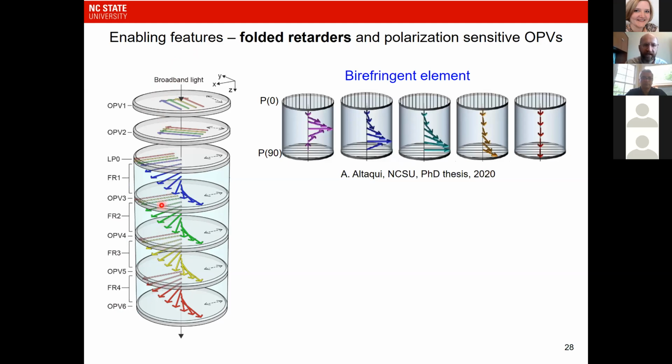And the way it measures color is by taking advantage of these birefringent elements. What that means is, let's say we have unpolarized white light come in, so we have purple, blue, green, yellow, red.